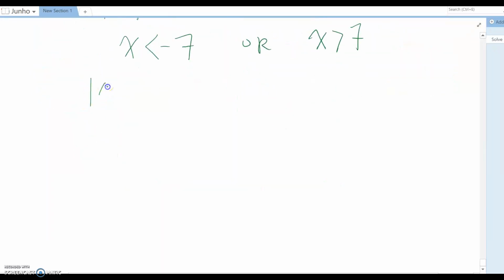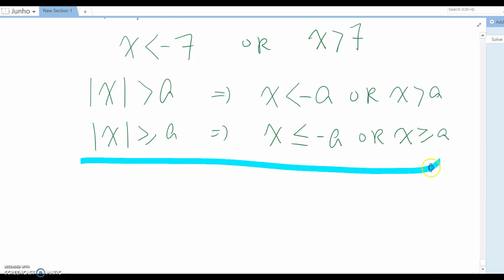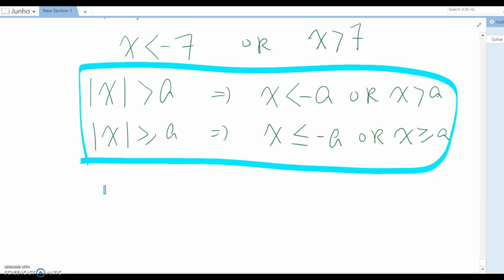If we have absolute x is bigger than a, then x is less than negative a, or x is bigger than a. If the expression includes an equal sign, then it becomes x is less than or equal to negative a, or x is bigger than or equal to a. Okay, so that's the general concept of the absolute value inequality.